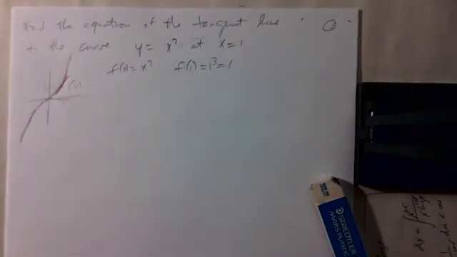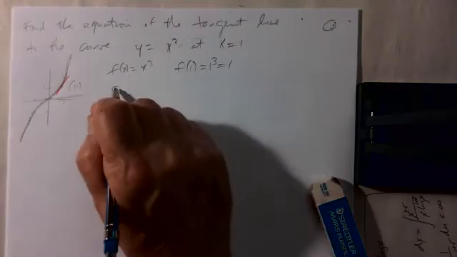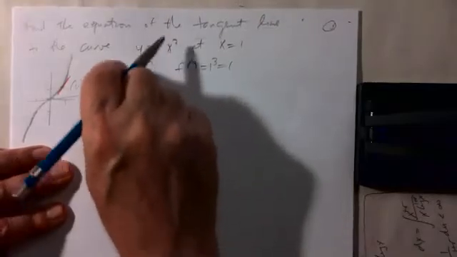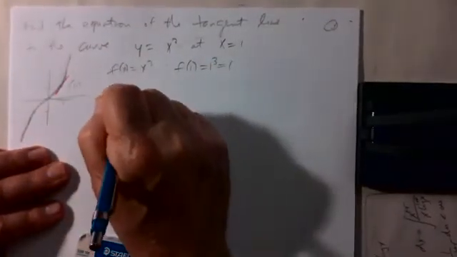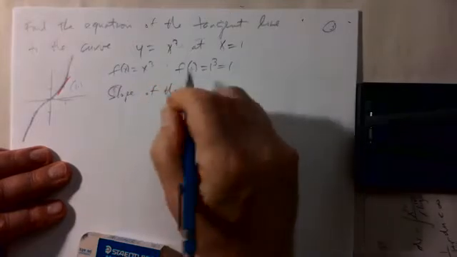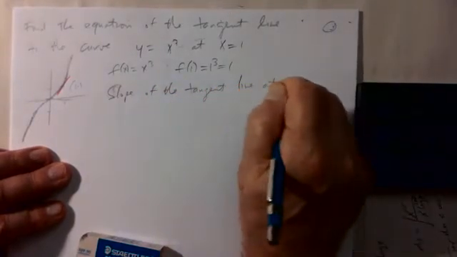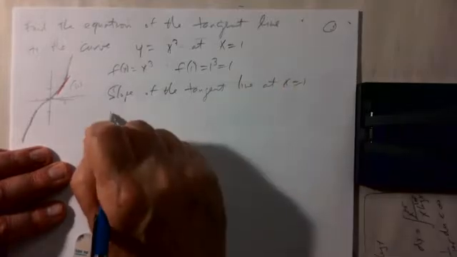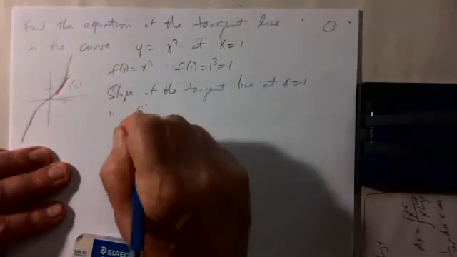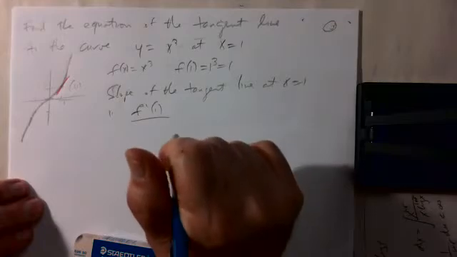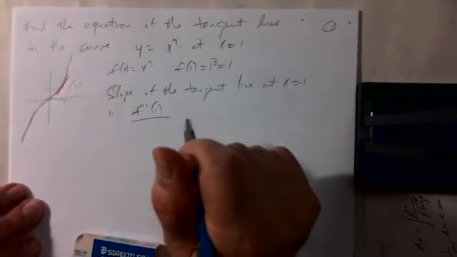So what do we know? The slope of the tangent line at x equal 1 is the derivative evaluated at 1. What is the derivative evaluated at 1?